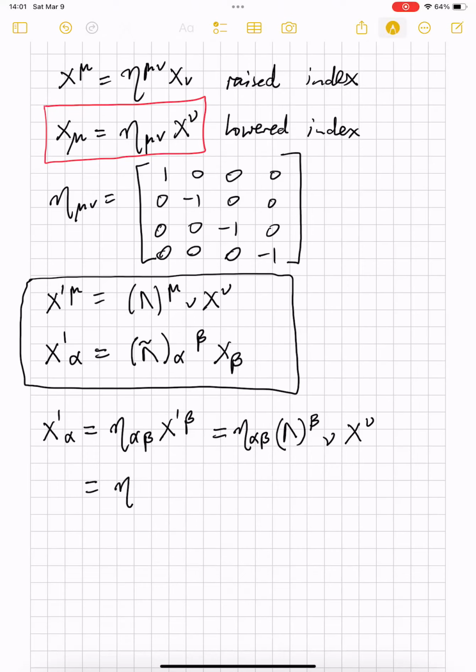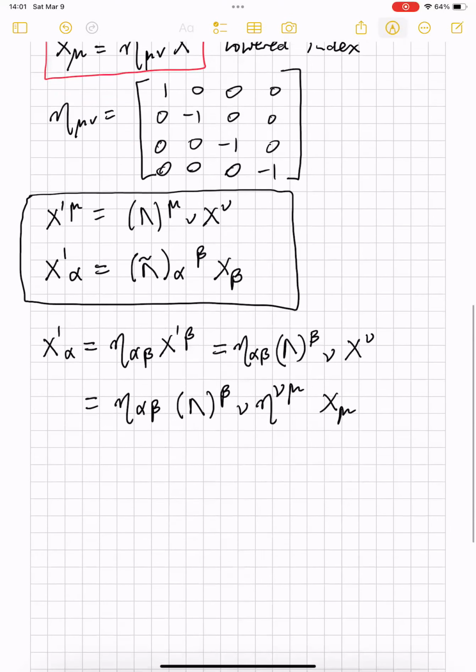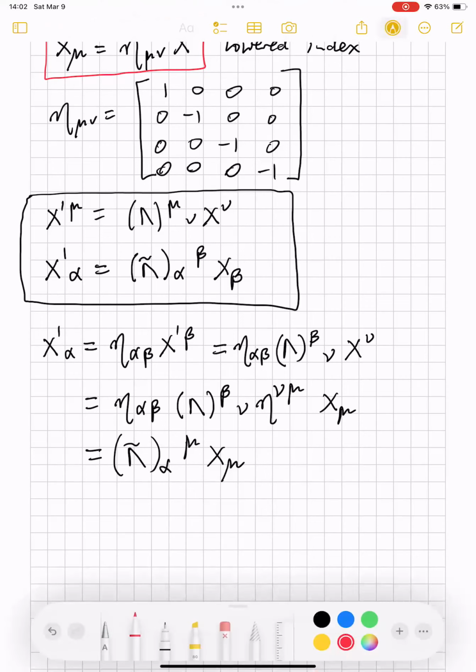So I can write this as eta alpha beta lambda beta nu eta nu mu x mu. And we also know, by looking at the boxed equation above, that this will be lambda tilde alpha mu onto x mu. So we now obtain a formula for lambda tilde by comparing the last two lines of what we've written down.